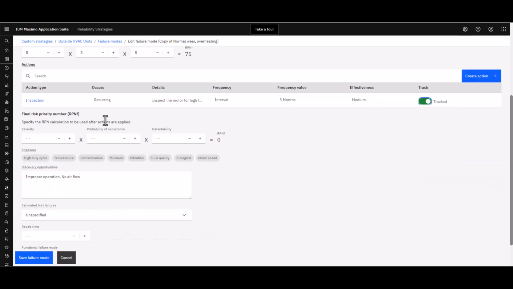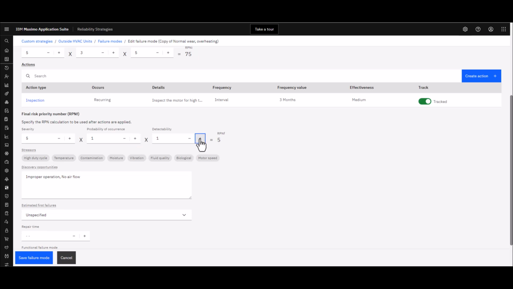Okay, so wrapping up our failure mode development here, I need to come up with a final RPN number. So as a result of the mitigation, this inspection, I'm going to say that the severity, if this thing fails, is not going to be changed. I am going to say that the probability is going to be reduced.